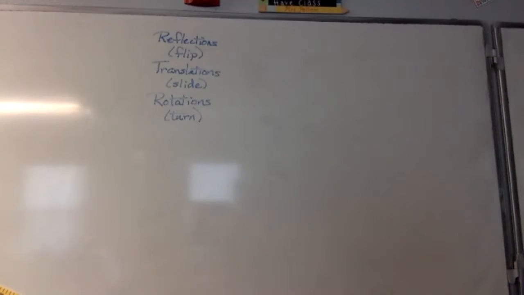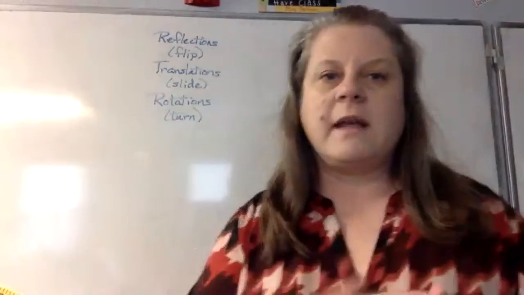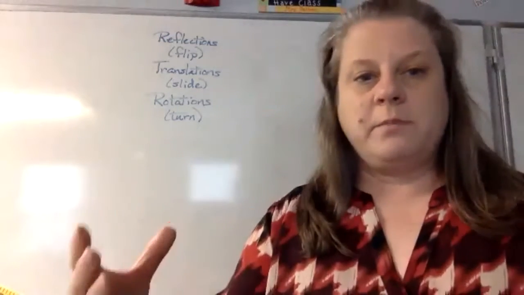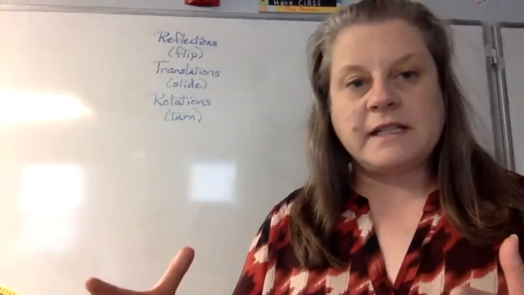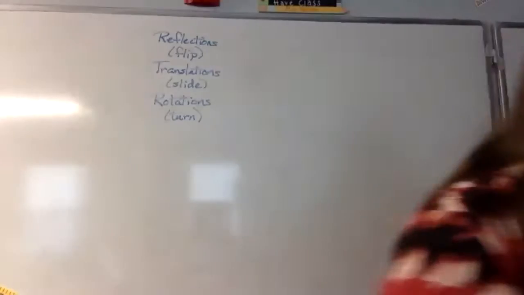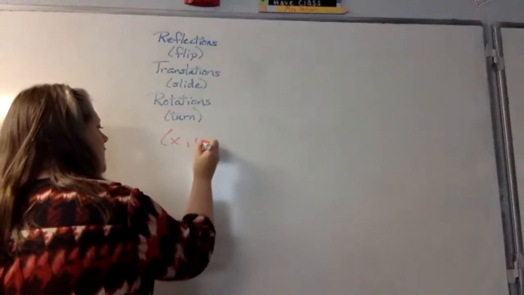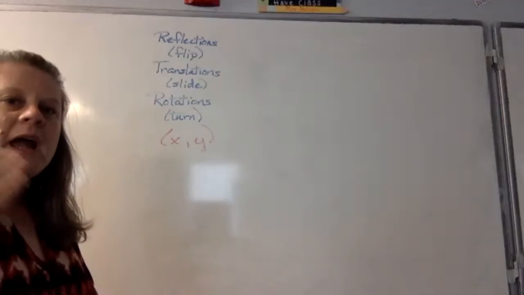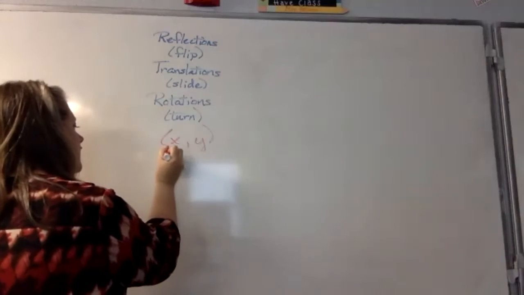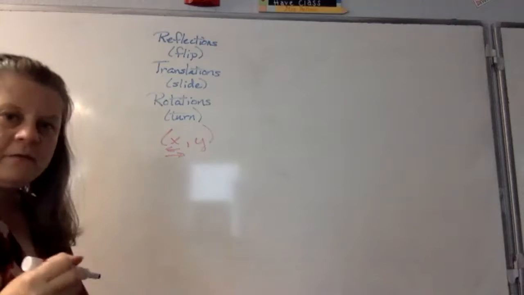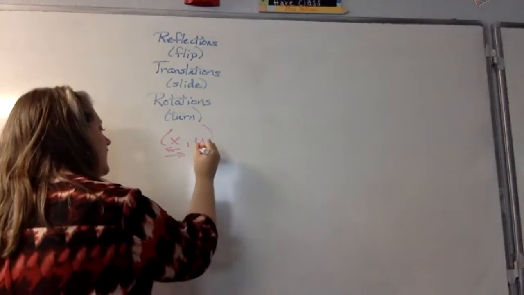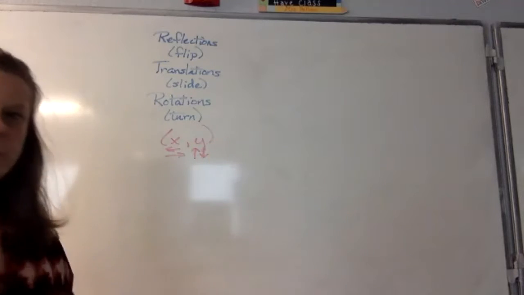So looking at these, most of the time when we did these, they would give us either a triangle or a quadrilateral, and they would either give you the picture and you had to count and find the vertices, or it would give you the vertices. So remember, when we're talking about an ordered pair, your ordered pair always has your x-coordinate and your y-coordinate. Remember, your x-coordinate tells you how it moves to the left or right from the origin, and your y-coordinate tells you how it moves up or down from the origin.